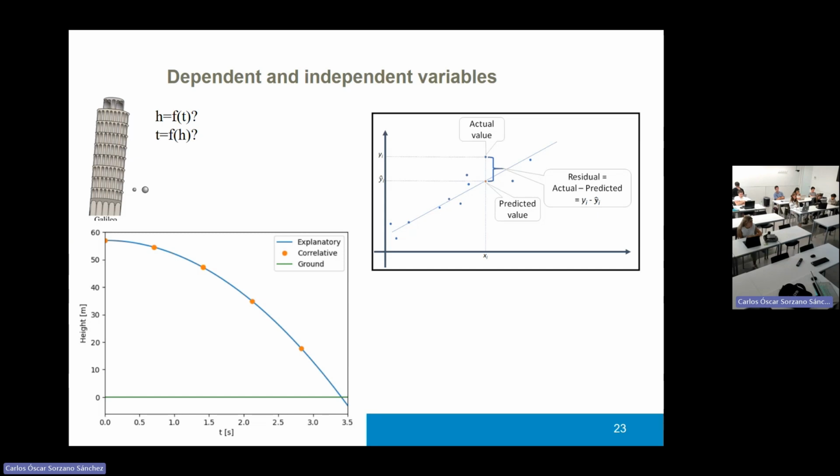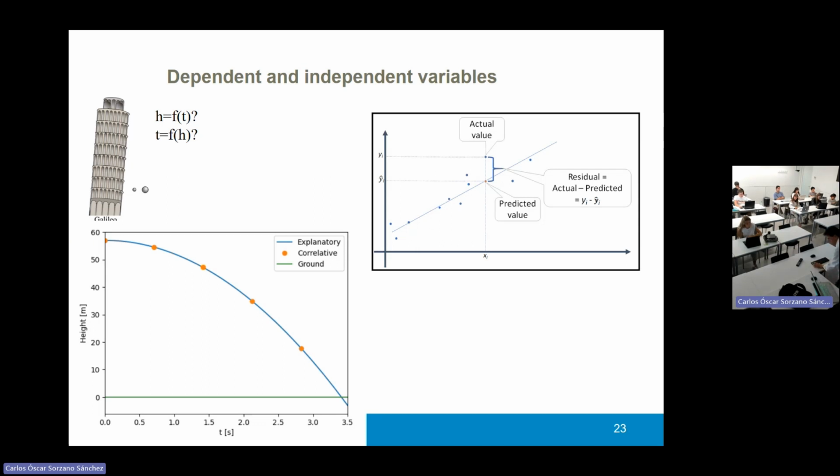Every second, I know exactly where I am. So now my input is time. This is my input now. The one that doesn't have errors is the one that should be the predictor. So indeed, it depends on how you do your experiment. It could be one or the other.